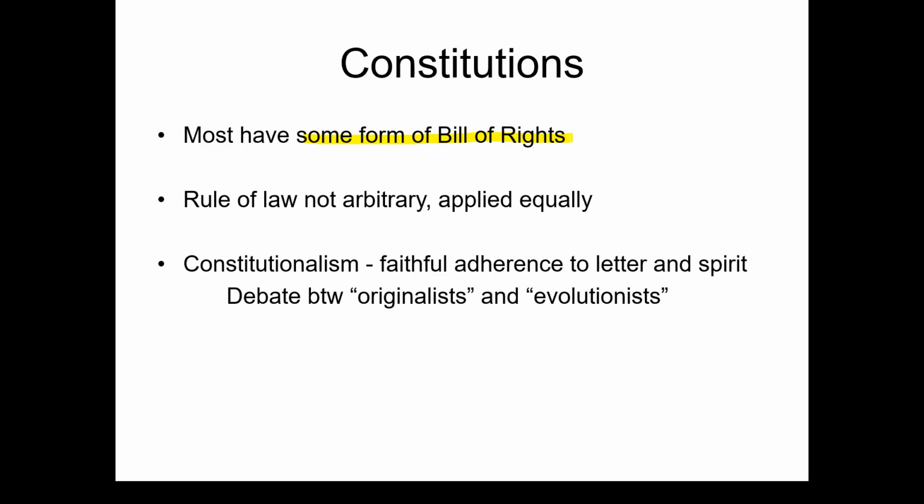But the states still have their own Bill of Rights. The rule of law is meant not to be applied arbitrarily. That's what I talked about earlier when we looked at the effective dispensing of justice in that last chapter that we talked about before the test.